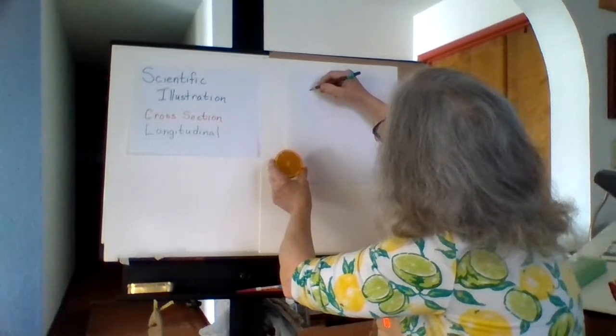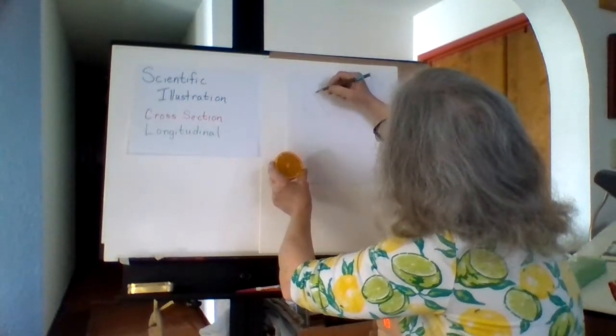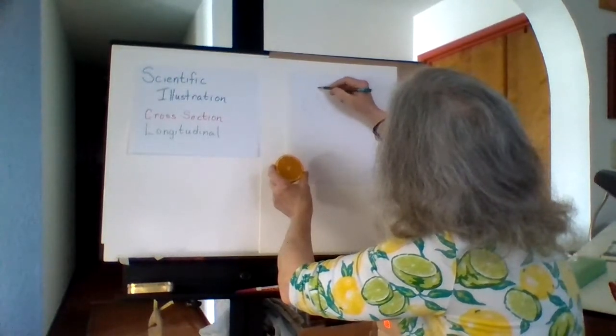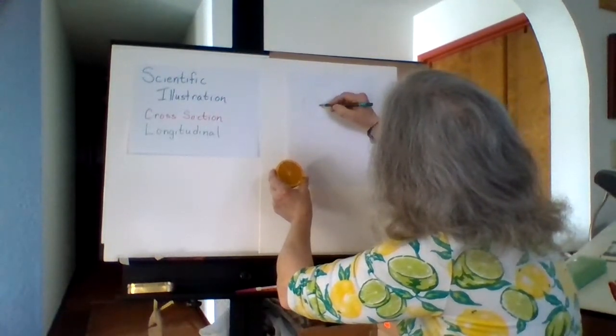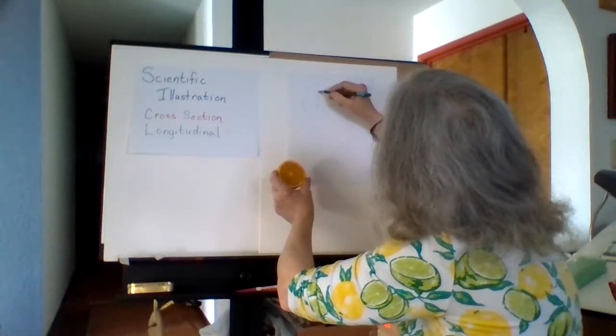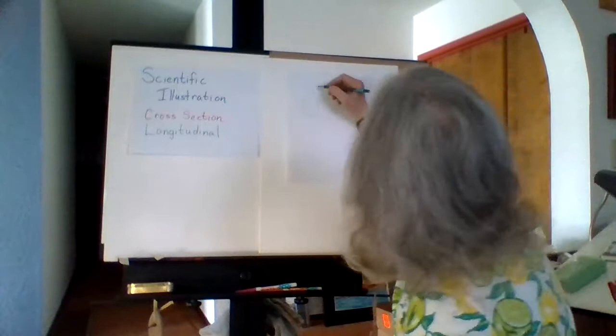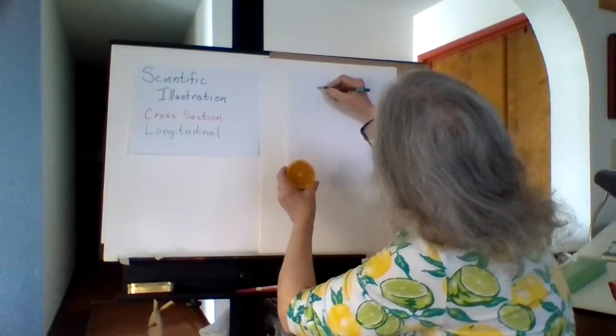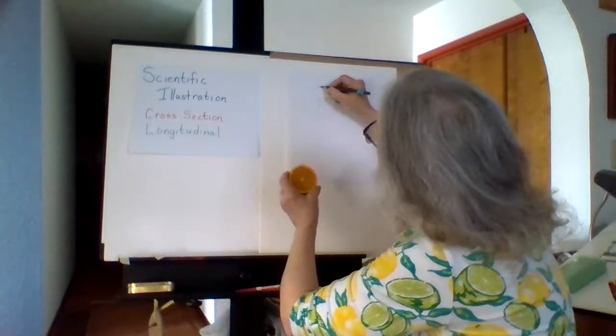I'm going to have to adjust. 2, 3, 4, 5, 6, 7, 8, 9. I'm going to have to adjust a little more. Okay, so I'm going to do that. Then I'm going to look and see how it goes like that from the pith.